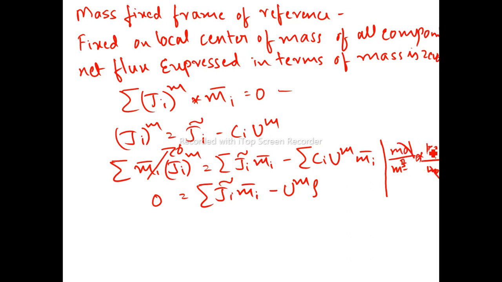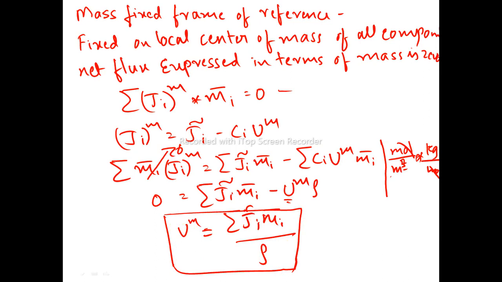The mole cancels, and kg per meter cube is density. Then the velocity of an atom at the mass fixed frame of reference is given by summation of Ji into Mi divided by rho. It's a simple one, right?